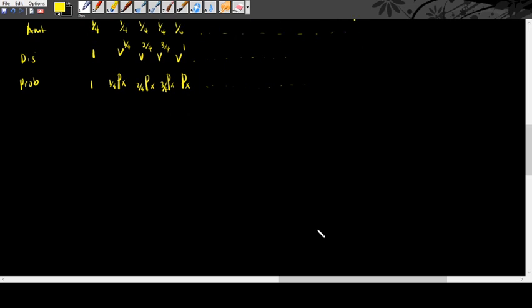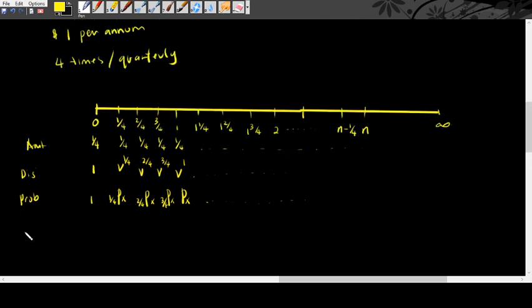So the APV for this case would be the summation of this plus this plus this, and so on up until infinity. You are going to get 1/4 plus, for this case, 1/4 v^(1/4) (1/4)px. The third term would be 1/4 v^(2/4) (2/4)px, plus, and so on.